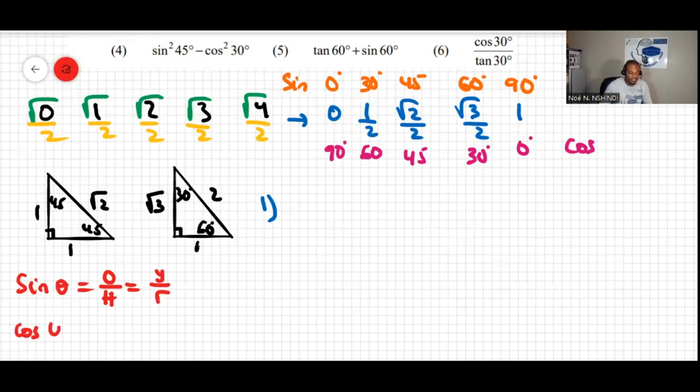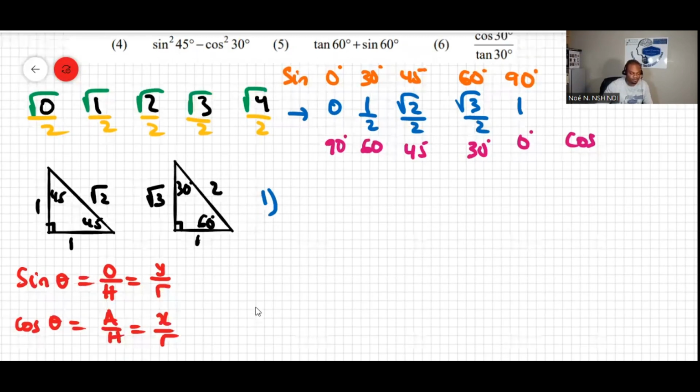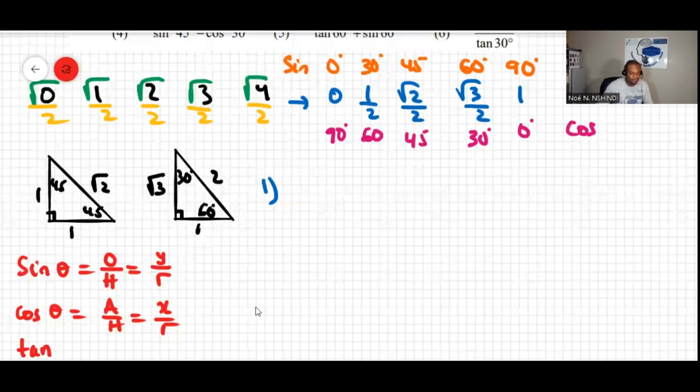Cos of the angle will be adjacent over hypotenuse, or sometimes x over r. And finally, tan of the angle, which is opposite over adjacent, or y over x.